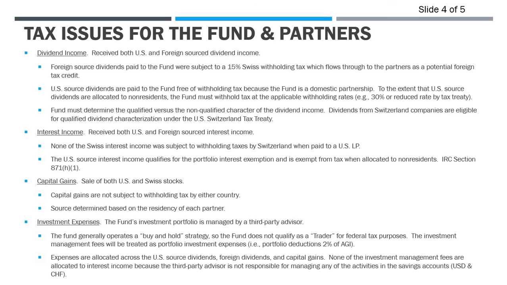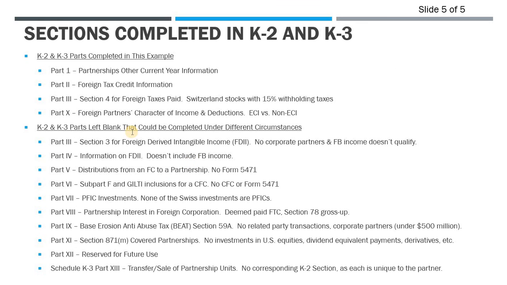All right, so last slide here, I want to talk about the parts we're completing. So we'll be doing parts 1, 2, 3, and 10. Parts 2 and 3 have to deal with foreign tax credit information, so sourcing U.S. to foreign, and then the foreign taxes paid. This is the dividend withholding on the Swiss stock.